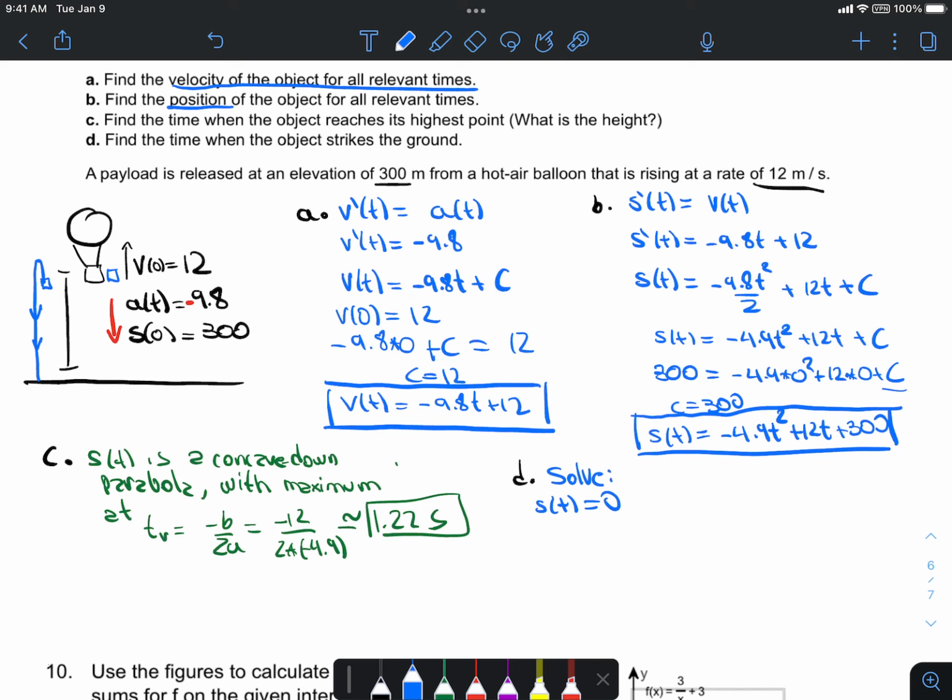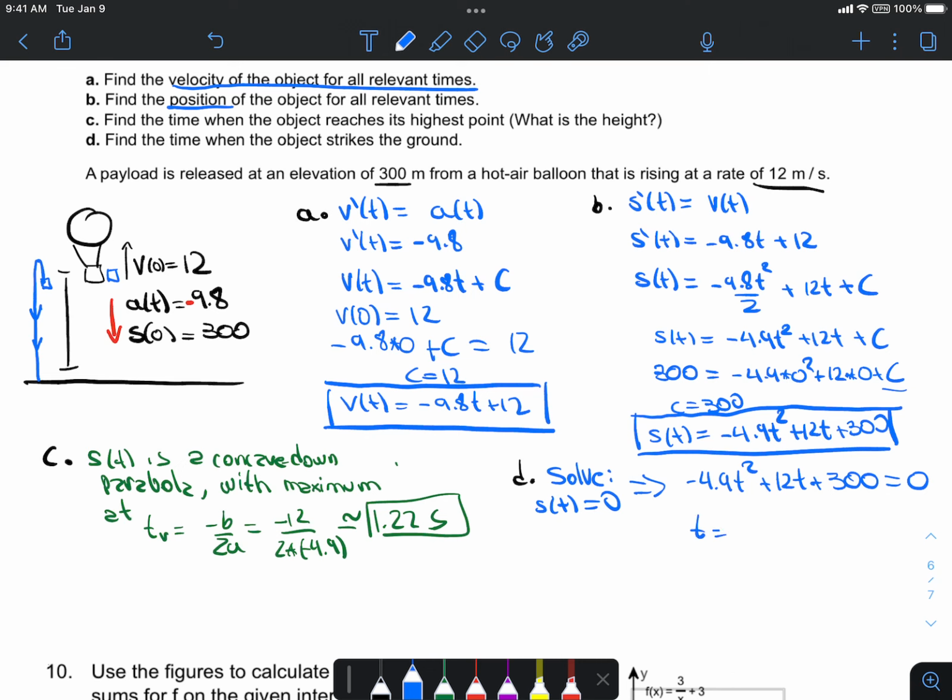So I am solving s of t equals 0. So that's really minus 4.9t squared plus 12t plus 300 equals 0. And that's a quadratic function. I solve that with the quadratic formula.